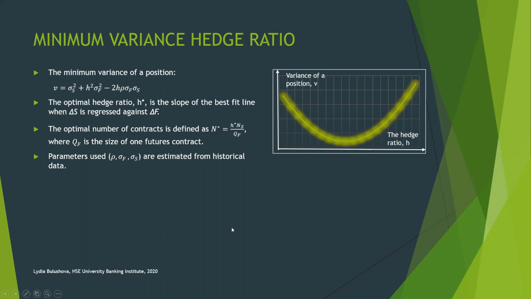So this is like a conclusion. We can consider the optimal Hodge ratio as the slope of the best fit line when delta S is regressed against delta F. Why do we need it? What regression line? What for? We can just take any calculator or Excel or whatever. Why do we need any sort of regression?